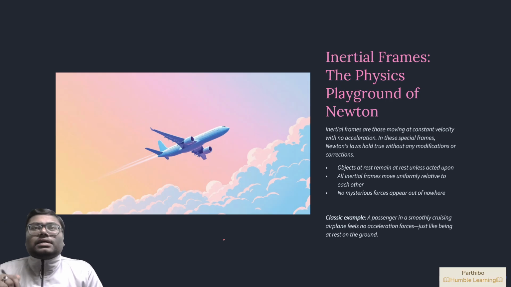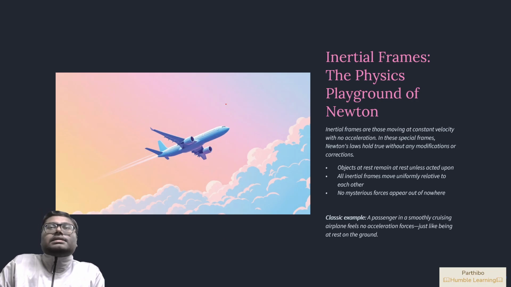Now we are talking about inertial frames and non-inertial frames. Here is the inertial frame, and also there is the non-inertial frame. So what is an inertial frame and what is a non-inertial frame?